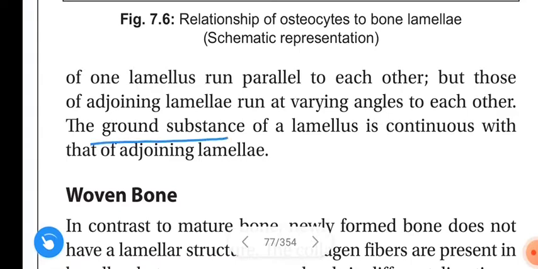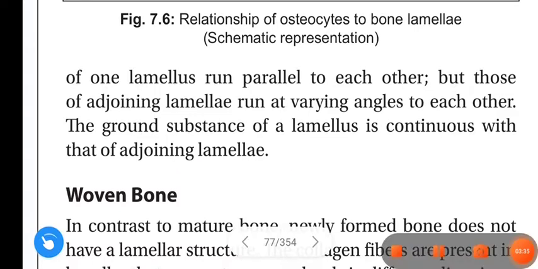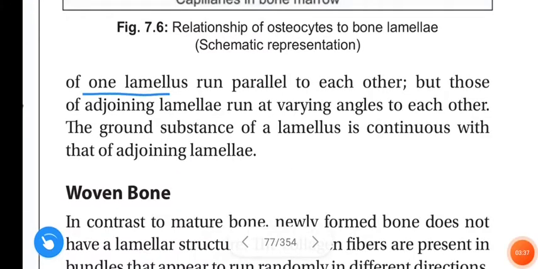The ground substance of a lamellus is continuous with that of adjoining lamellae. This is about the lamellar bone.